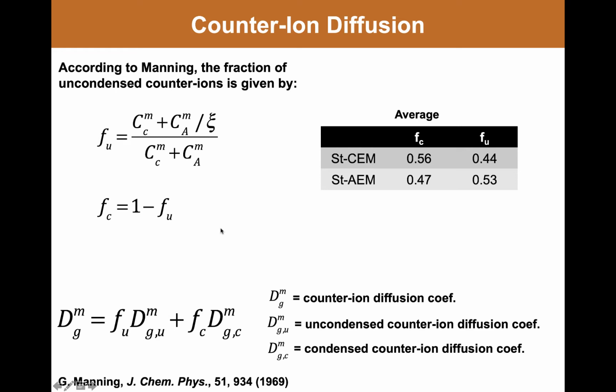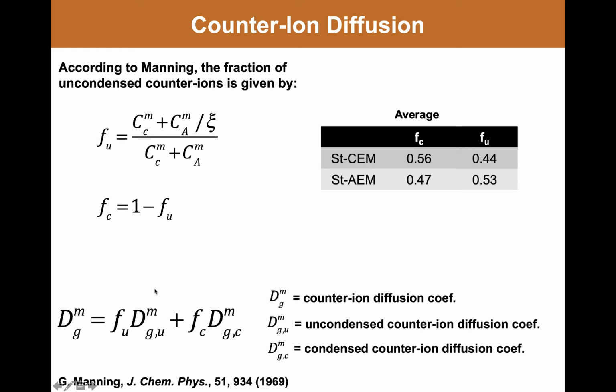Now, if the diffusion coefficients of the uncondensed and condensed counterions are different, then the overall diffusion coefficient of counterions in the membrane is just going to be the diffusion coefficient of uncondensed counterions and the diffusion coefficient of condensed counterions, weighted by the fraction of the ions that are condensed or uncondensed. So we have a really simple expression for the diffusion coefficient of the counterions.